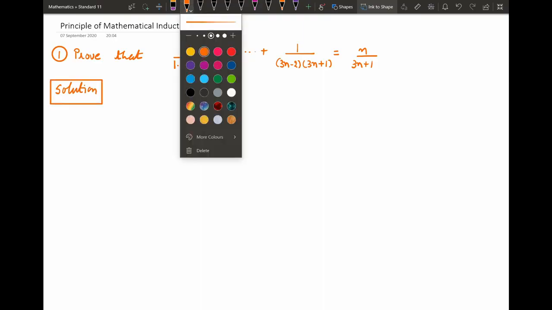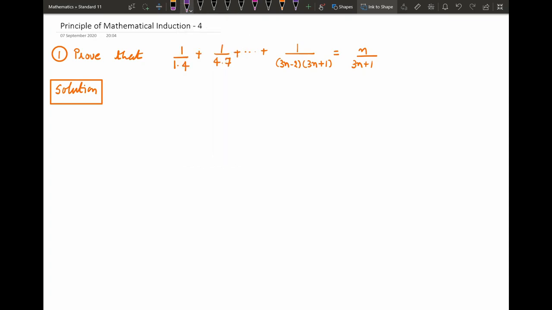So as usual, according to principle of mathematical induction, the given statement we will denote by P of n.